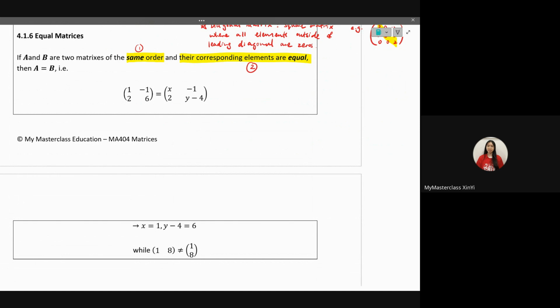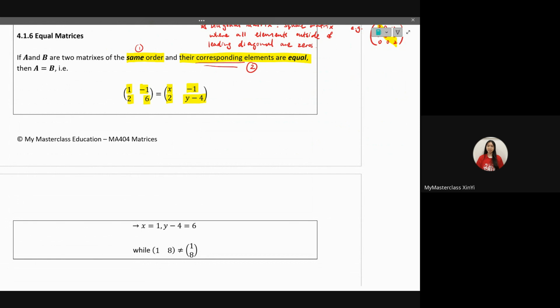If we say a matrix A equals B, for example this, it means this entry in row 1, column 1 should be equal to this, and this entry in row 2, column 2 should be equal to this. They must be exactly the same. That's what we mean by corresponding elements are equal.